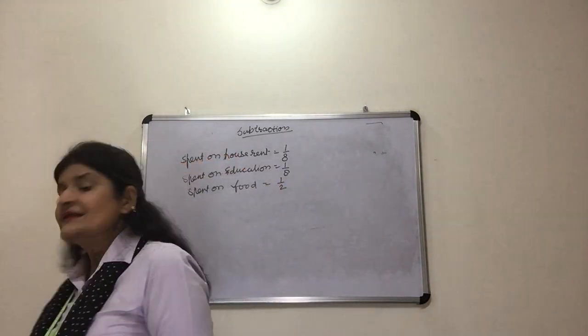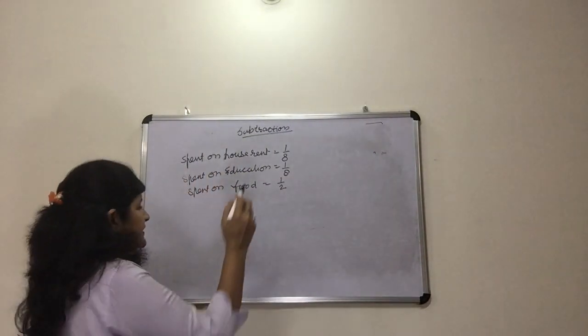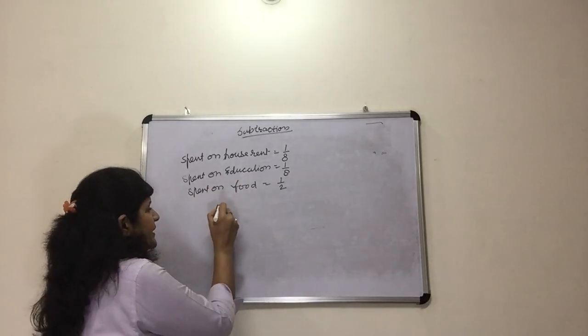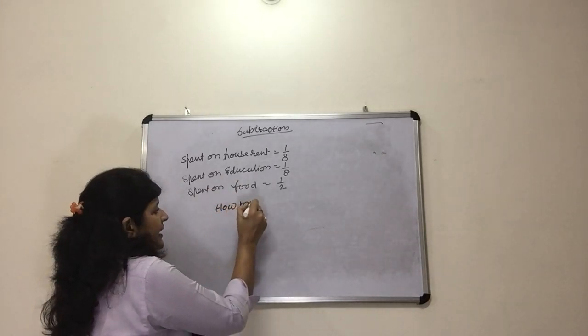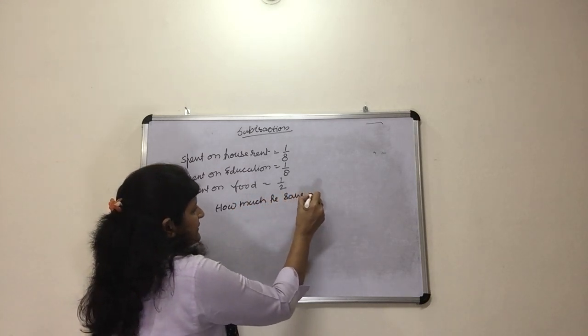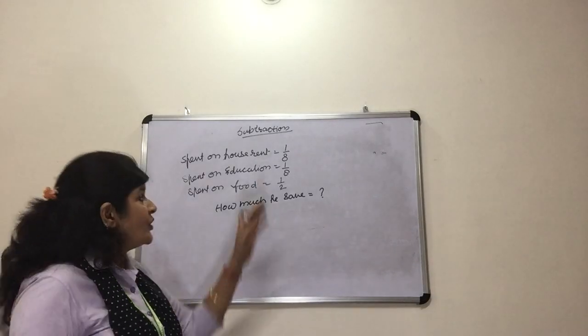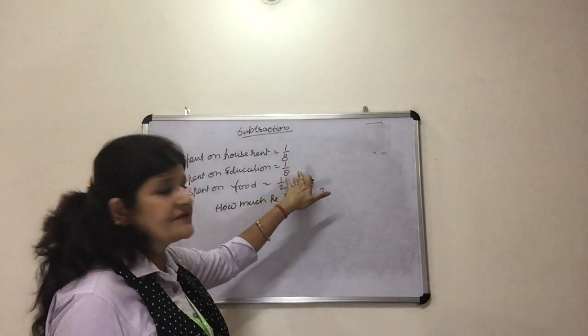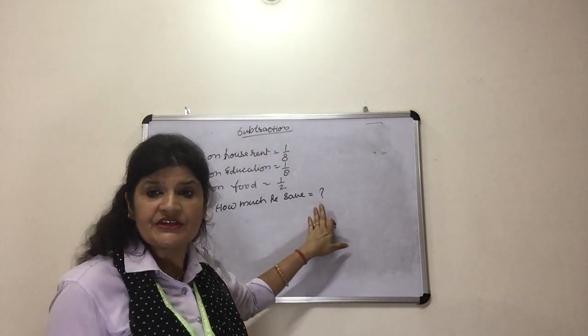Now the question is asking what fraction of his income he saved. In this question it has been asked how much he saved. So whatever he is spending has been given, and with the help of this we have to find out how much he saved.